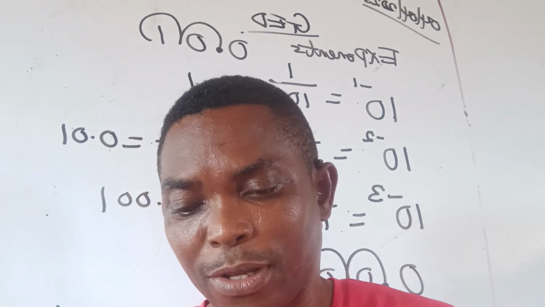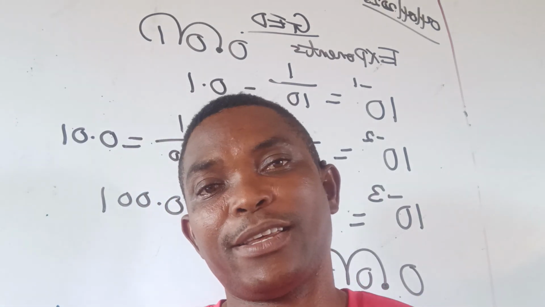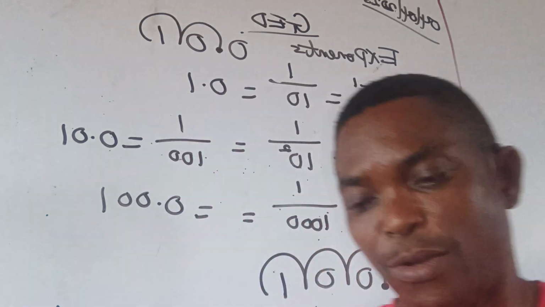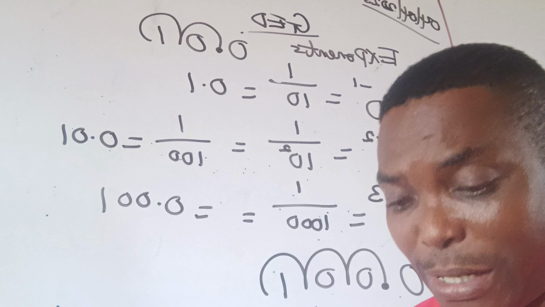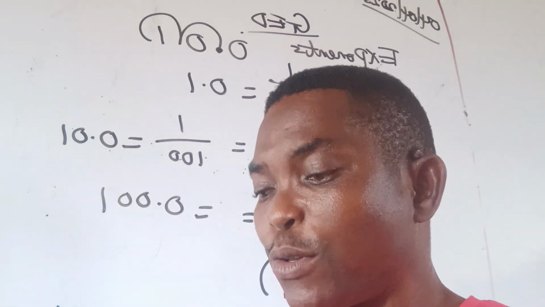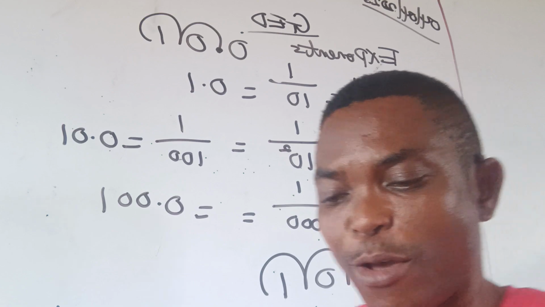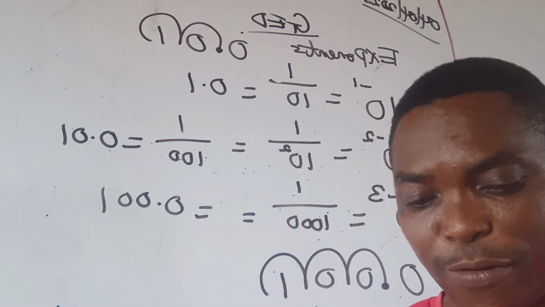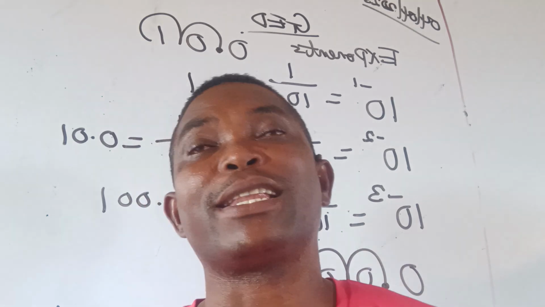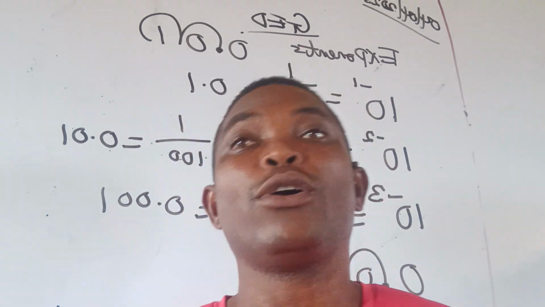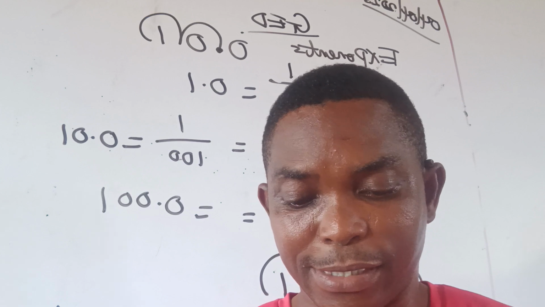Because of that, we tend to now shrink it into standard forms. Scientific notation is a way of writing very large numbers and very small decimals, in which the numbers are expressed as a product of a number between 1 and 10 and a power of 10. Scientific notation, or what we call standard form, is still the same thing.